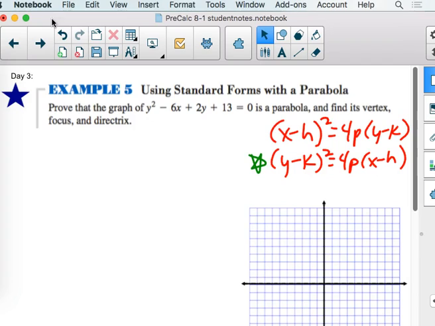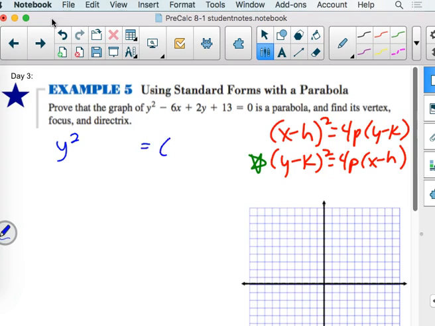We're going to make sure all of our stuff with y is on one side of the equals. We're going to move everything else off to the other side because we need to complete the square. So we will have y squared. I don't need that 6x over here. That doesn't have anything to do with y, so I'll move that over to the other side. I need the 2y, but I don't need the 13 over here. That'll move over to the other side.